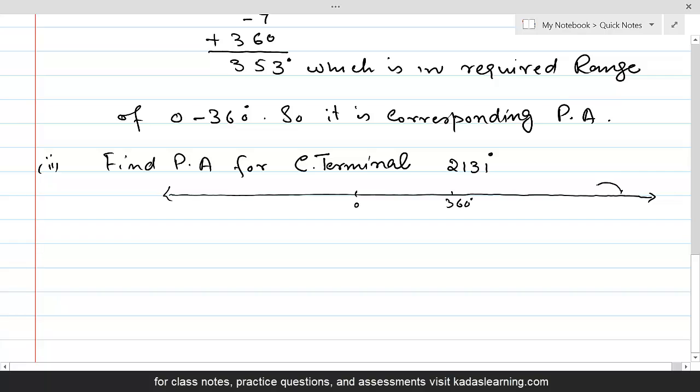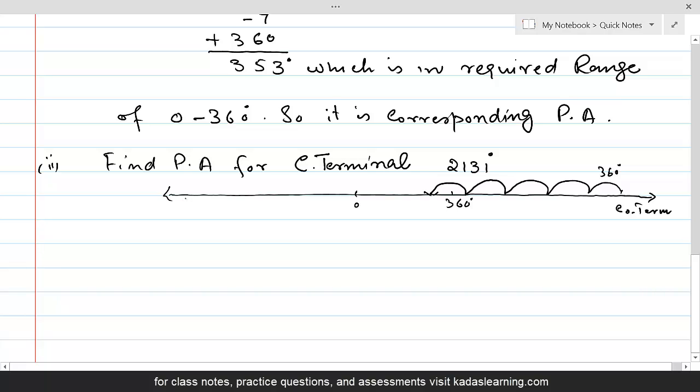So this will be 360, 360, 360, 360 and 360. We will get this into the range. So this is the coterminal angle, and each time we subtract 360 until we get into the range.